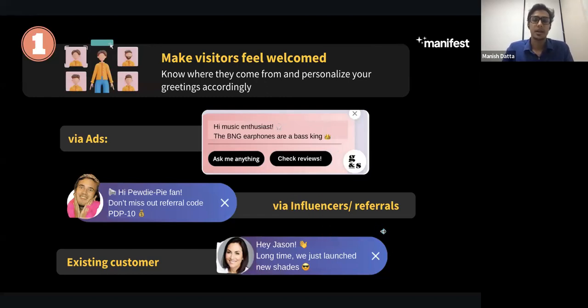And similarly, existing customers form a huge part of the revenues which we make as brands. One study conducted by Shopify claims that while existing and returning customers make up less than 20% of the traffic which comes to the store, the revenue they contribute is always over 50%. So the way we make existing customers feel can have a big impact on our revenues.